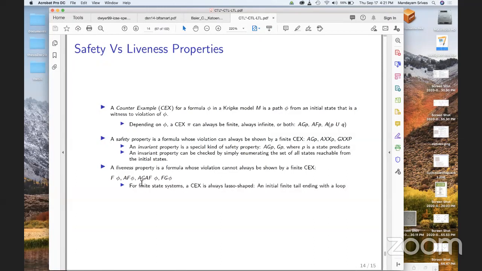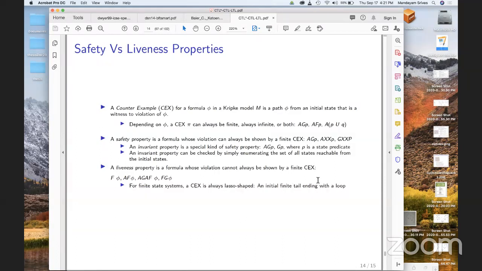Furthermore, although liveness properties in general require an infinite counterexample, for finite state systems that counterexample, even when it is finite, is always lasso shaped. In the sense it has a loop preceded by a finite tail, a finite pre-tail. That's what I call lasso shape.